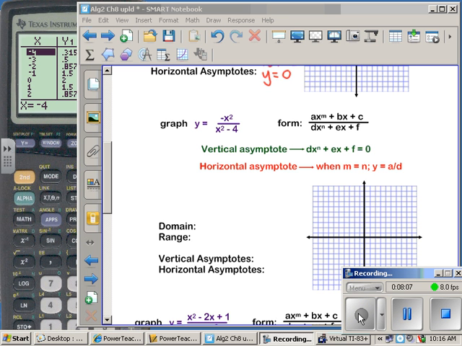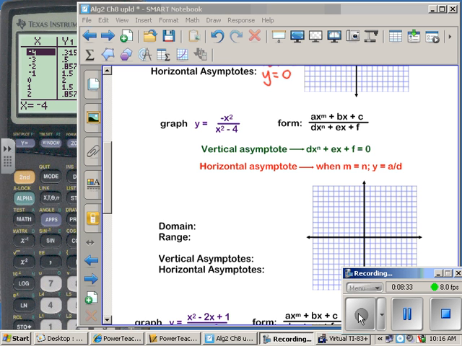So we've got a squared and a square. Okay? So when m equals n, then the horizontal asymptote is a divided by d. Just like yesterday, remember we did a divided by c? When these two are equal, and weren't they equal yesterday because they both had a power of 1?